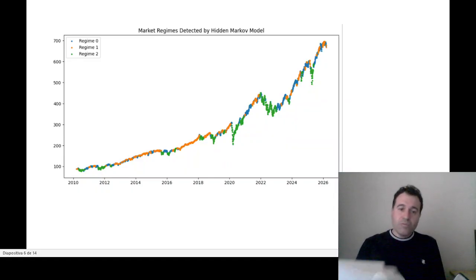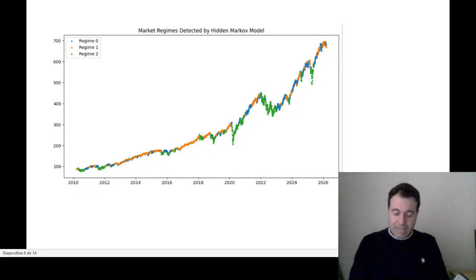The chart above shows the market regimes detected by the Hidden Markov Model. Each point represents the price of SPY, the S&P 500 ETF, and the color indicates the regime inferred by the model at that moment in time. The model identifies three hidden states, which correspond to different statistical behaviors of the market.